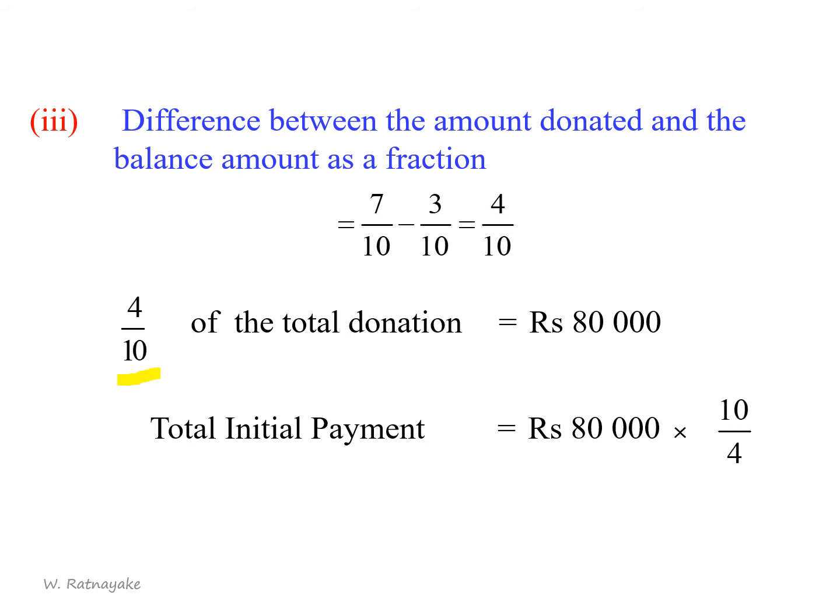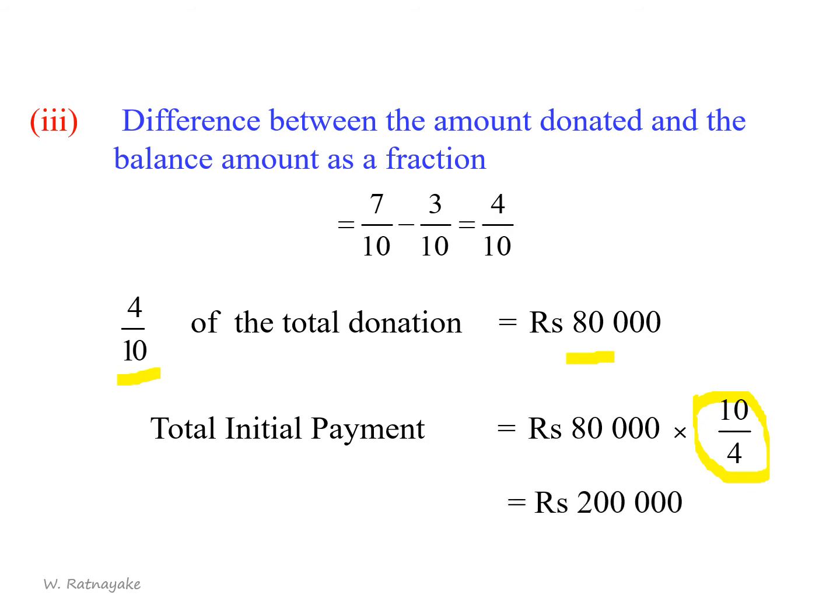So 4 upon 10 of the total is 80,000 rupees. To find the total, we have to multiply this 80,000 by the reciprocal of 4 upon 10, that is 10 upon 4. Then you get 200,000.